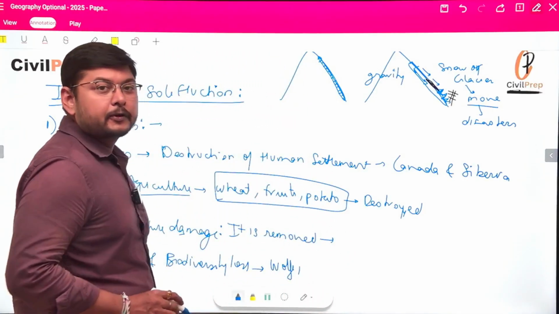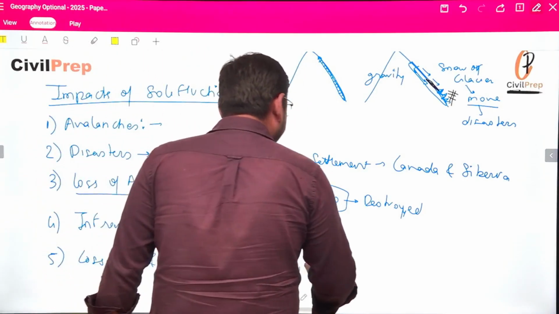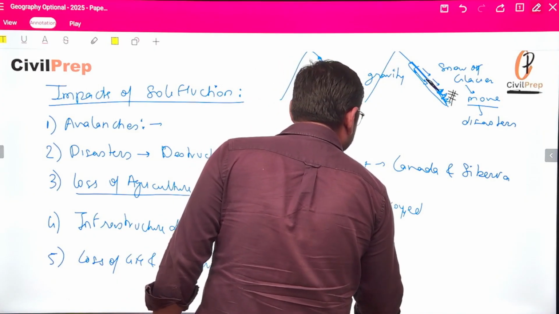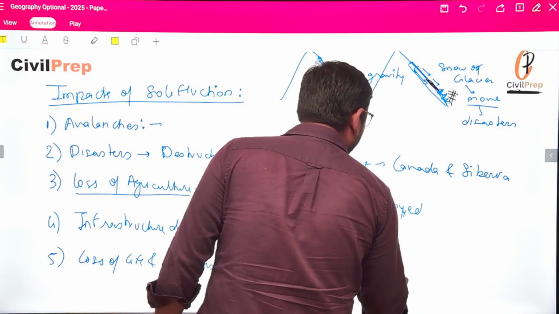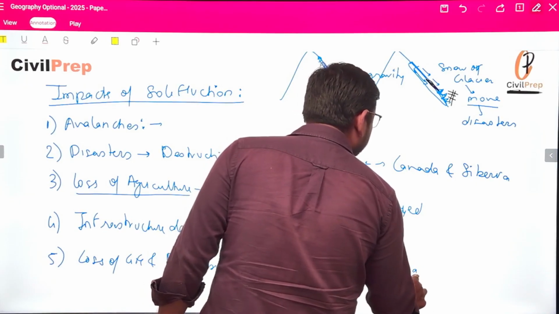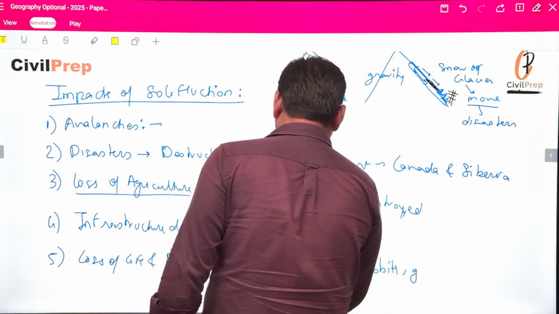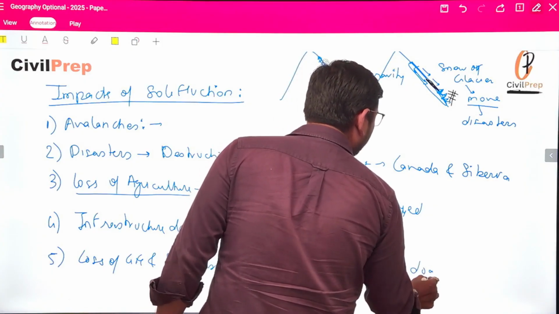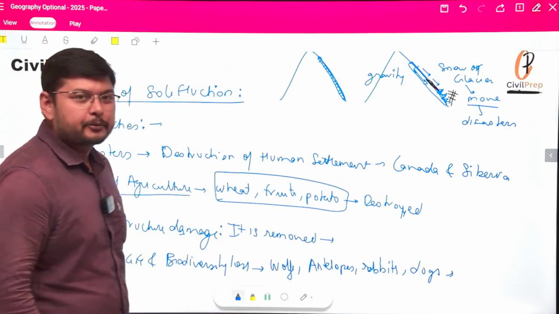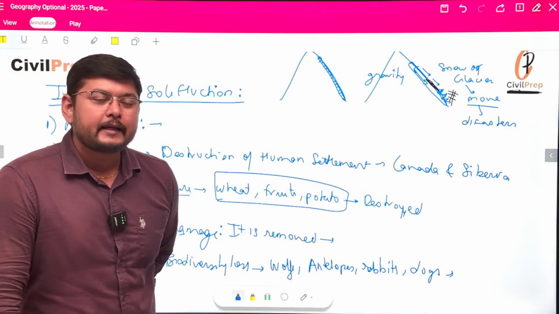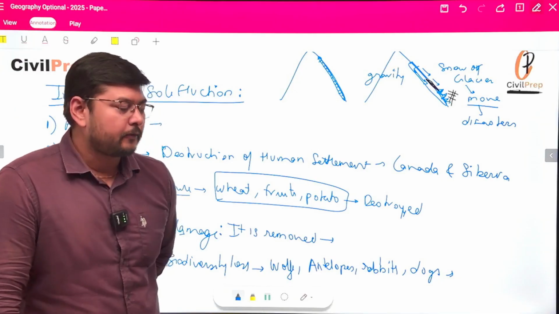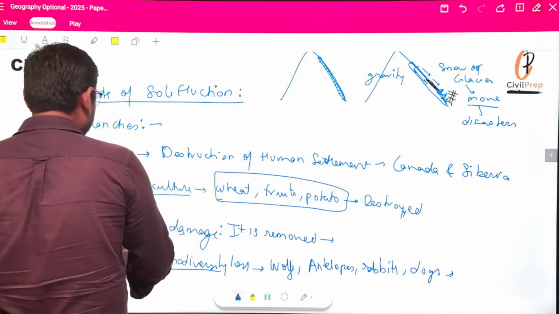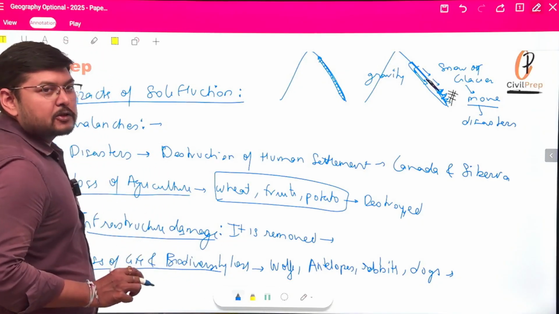Apart from wolves, if we go to the European region, there are antelopes, rabbits, in fact, dogs. So they get caught under this solifluction, and they also get flown out with it. Okay. So these are the various impacts which we can add up here as a part of the impact of the solifluction process.